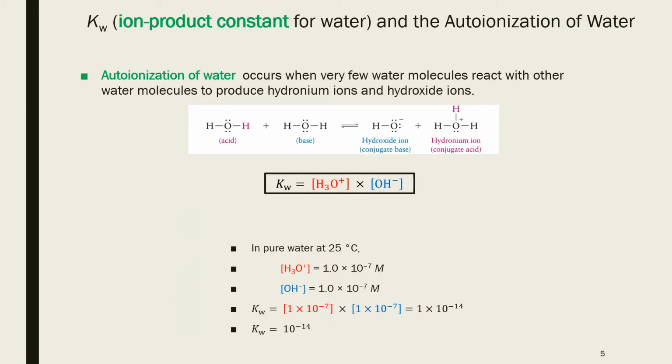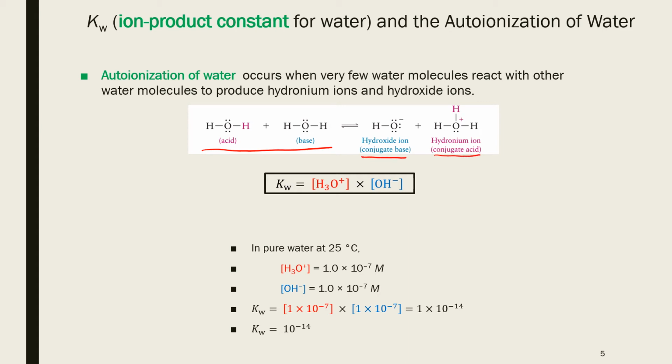Earlier in this chapter, we learned that water is an amphoteric substance, which means that it can act as both acid as well as a base depending on the condition. Even in pure water, a small concentration of water molecules react with other water molecules to produce hydroxide ion and hydronium ion.